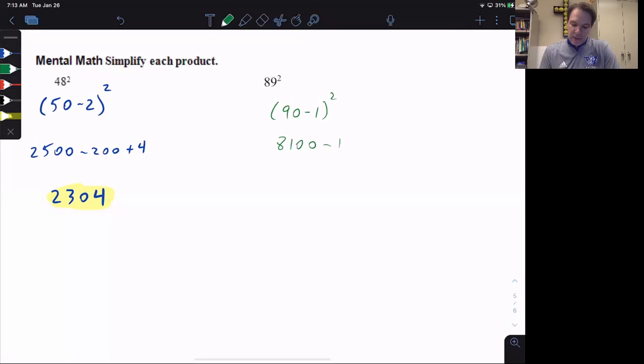So that's negative 180. And then negative 1 times negative 1 is a positive 1, okay? So this is what we would be doing kind of in our head to figure out what the answer is, right? So you can process this through mentally.